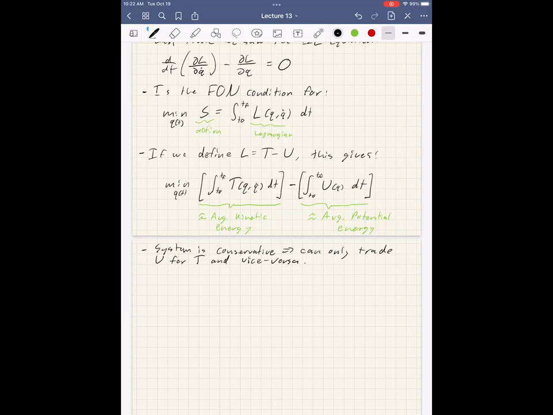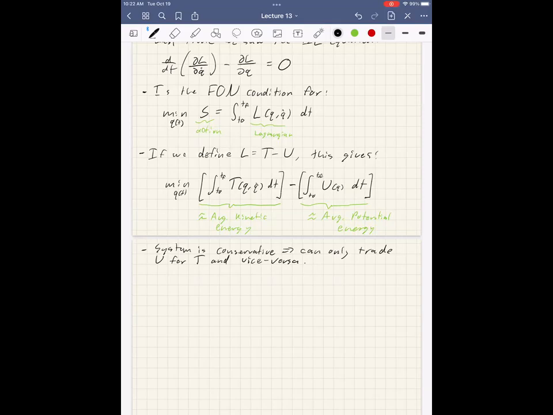If I roll down a hill, I'm going to bring U down, and it's going to bring T up, and they approach each other in some sense. So if I think about conservation of energy, the natural dynamics of the system essentially want to bring these two quantities close together.